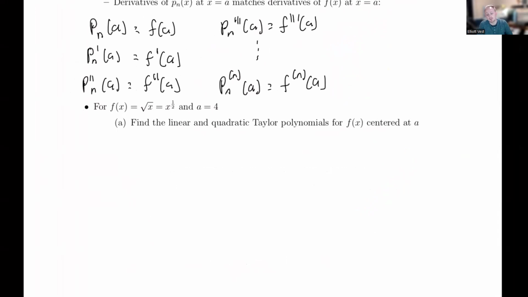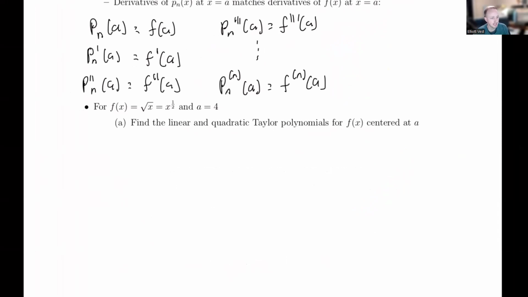So let's do the classic thing. I think this was the first example I was given when I did Calc 1, so full circle teaching it in Calc 2 now. For f of x equals the square root of x, or x to the 1/2, centered around a equals 4, find the linear and quadratic Taylor polynomials for f of x.